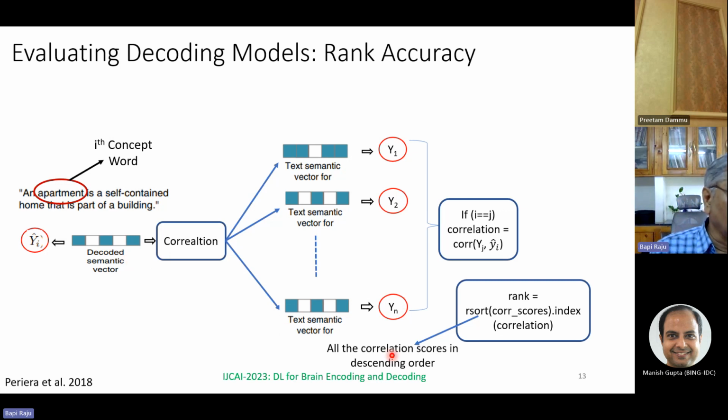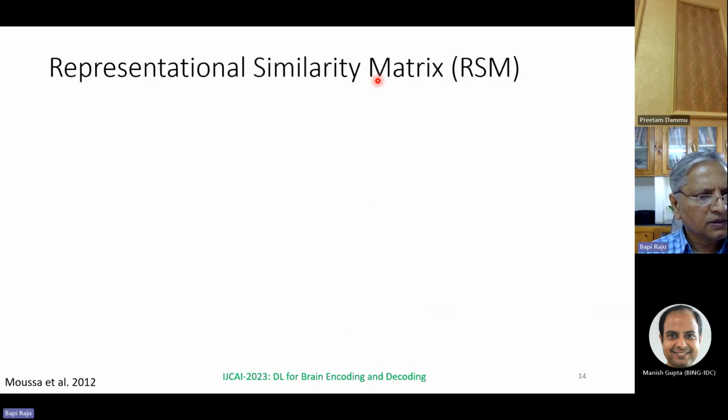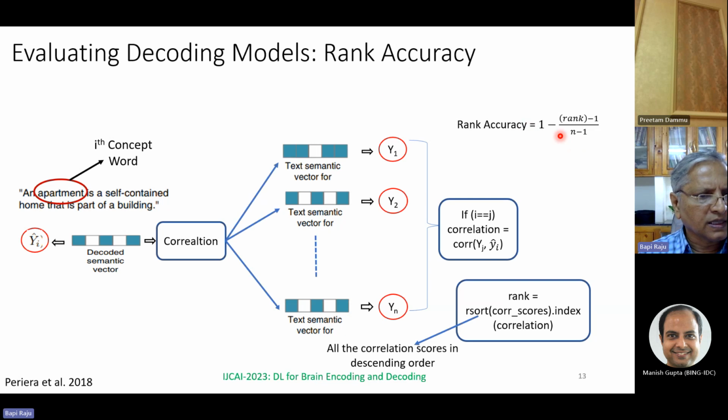We look at the average rank that the decoder has across all the decoded semantic vector instances per participant. This average rank score, or accuracy, is another metric that is reported for decoder evaluation, computed from the statistics of this evaluation process.